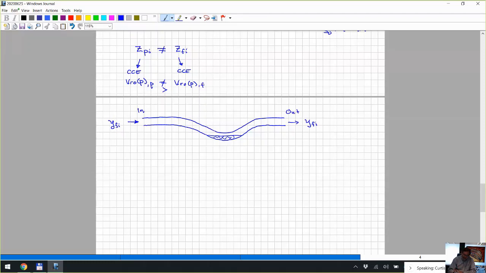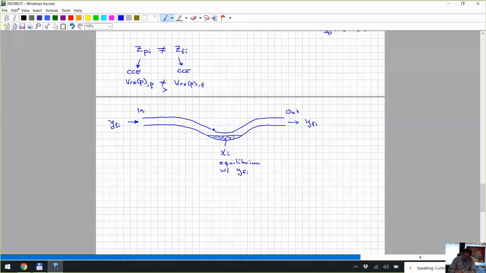We'll call this liquid composition Xi, and Xi is in equilibrium with the flowing gas.